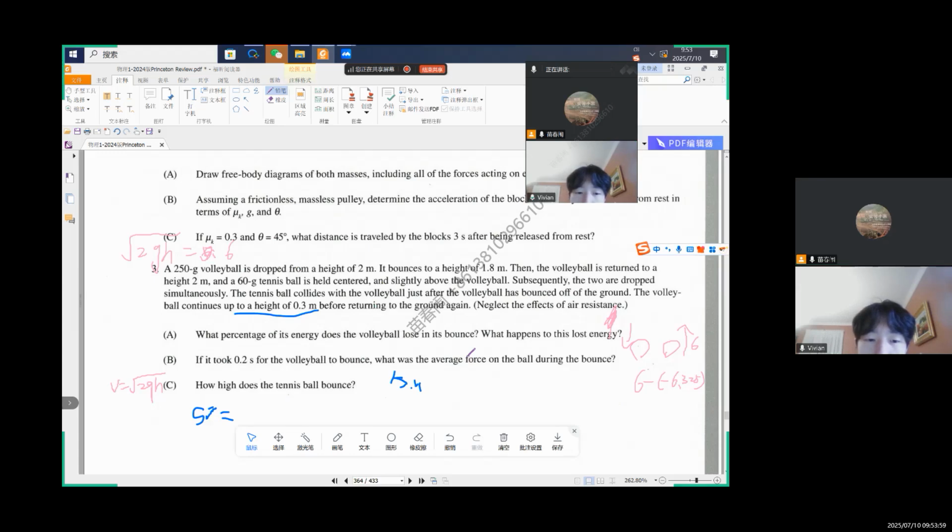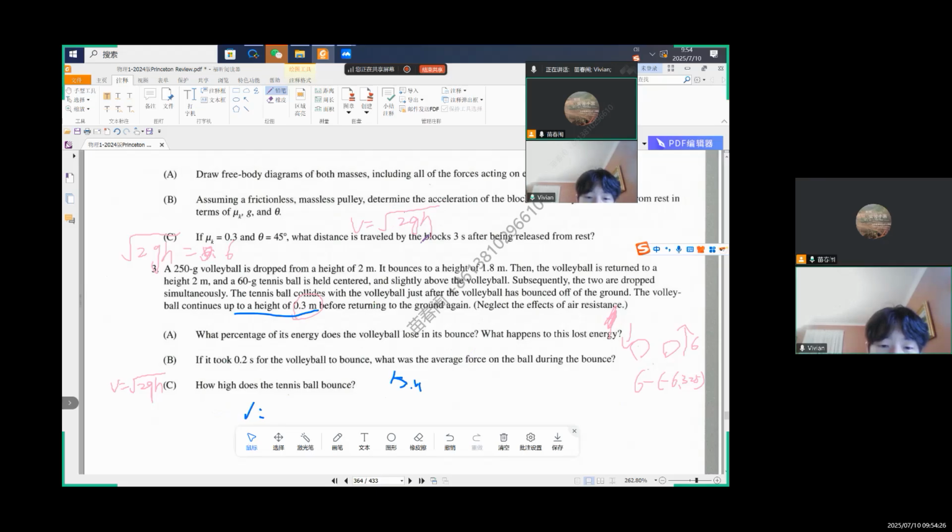Because that's 0.3, we probably can find something. Conservation also happens. I can still use that v equals square root of 2gh, right?